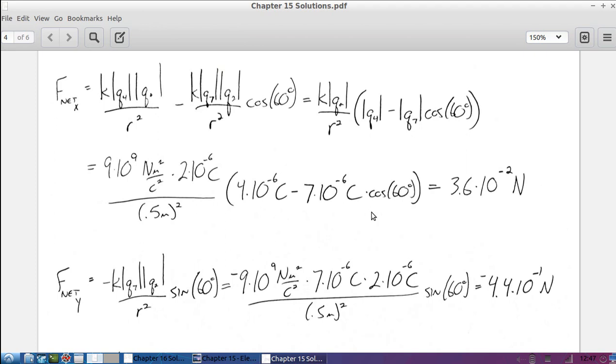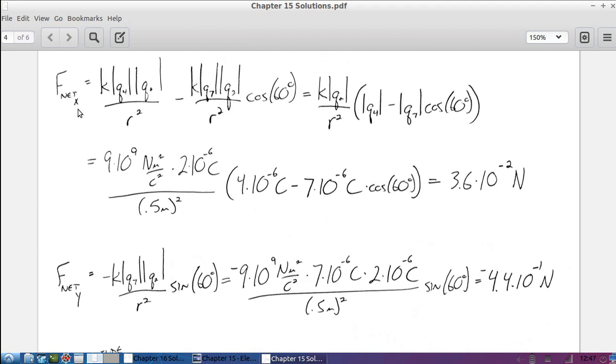Once I calculate this value, I get a very small force, 3.6 times 10 to the negative 2 newtons. That's what we're going to be dealing with as far as the magnitude of forces. They're going to be very small between charges on the order of microcoulombs or nanocoulombs. They're going to be very, very small forces. So 3.6 times 10 to the negative 2 newtons, that's in the x direction.